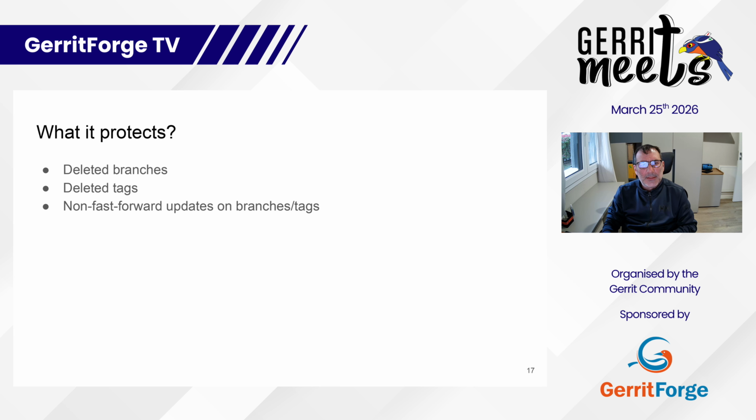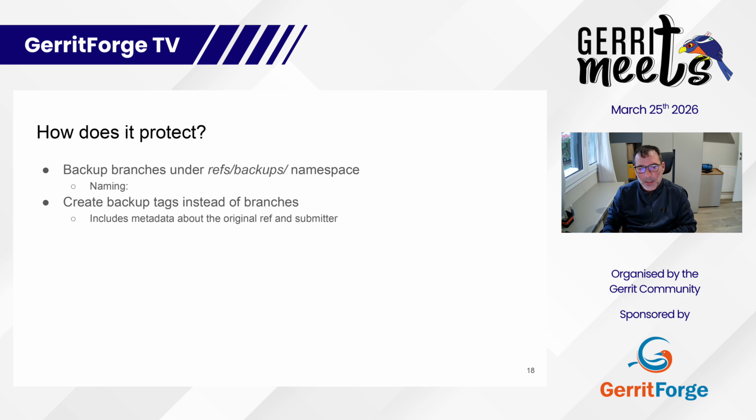So what does this plugin do? Which kind of ref, what's the protection that this plugin gives us? It gives protection against deletion of branches, deletion of tags, and any non-fast-forward update of a branch, like a force push, for example. How does it protect it? It basically backs up branches under a particular ref name, which is refs/backups, the same one I was excluding in the previous module I was describing.